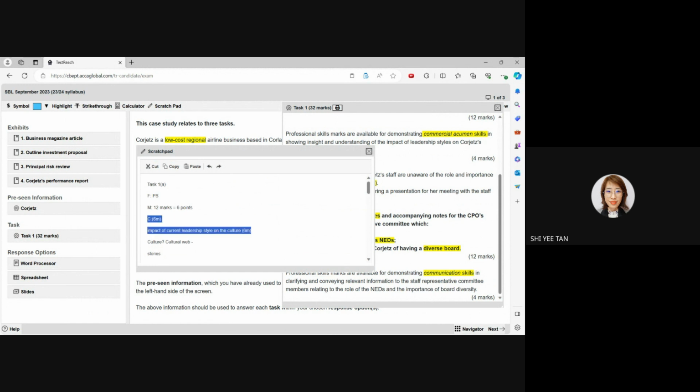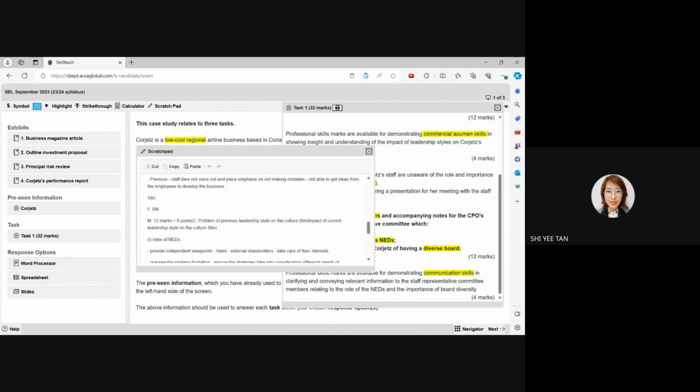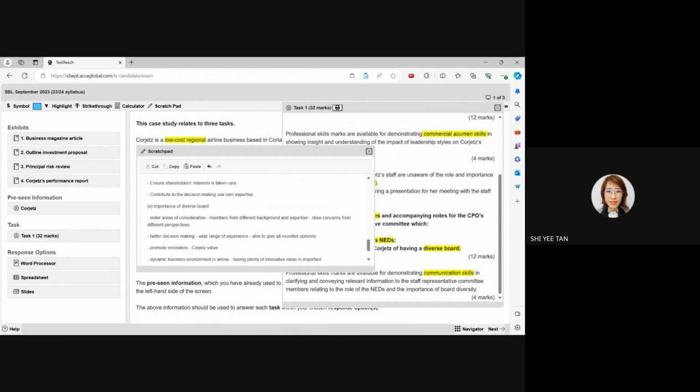Wrong one. Okay, should be here. Format, presentation slides, marks, 6 points, content only, because we already wrote it downstairs. We just need to write here maybe 6 marks, then here another 6 marks.